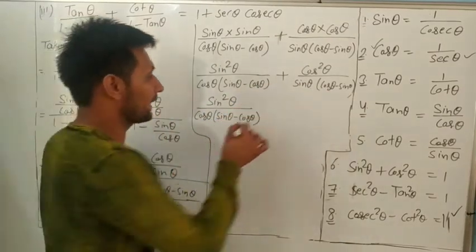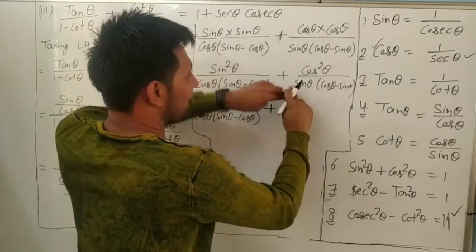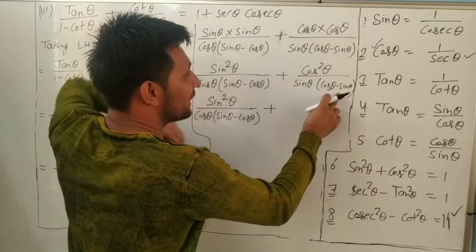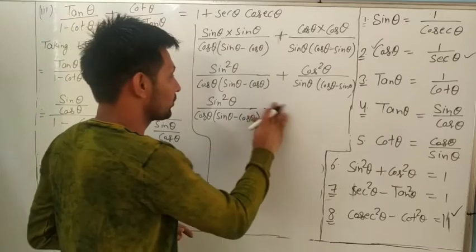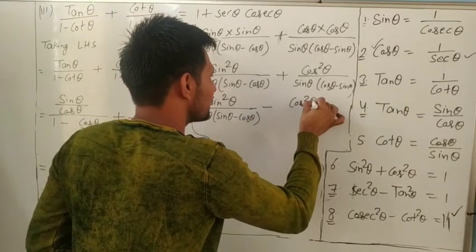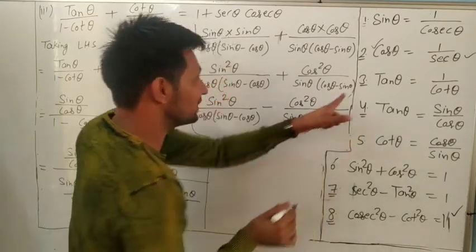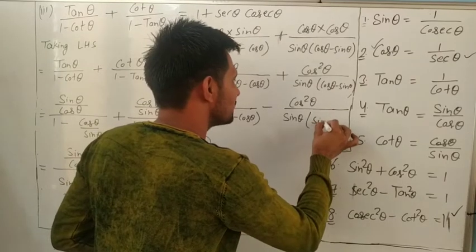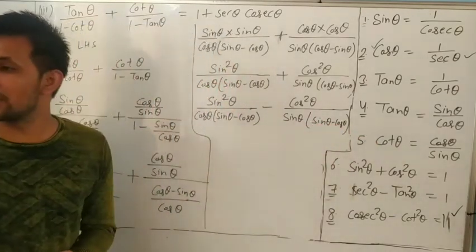So we take plus; if we take the common minus sign, a minus comes here, and negative into positive is negative. So it becomes negative cos square theta upon sin theta into sin theta minus cos theta. Do you understand or not?